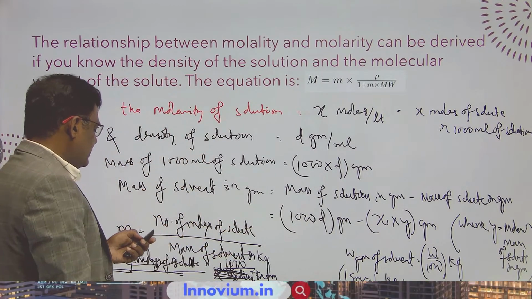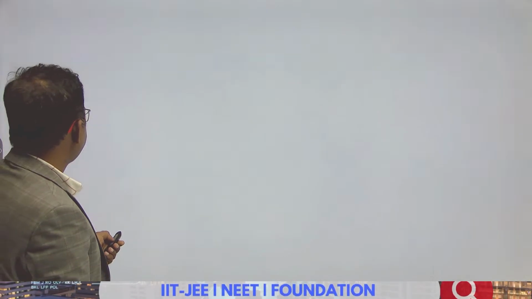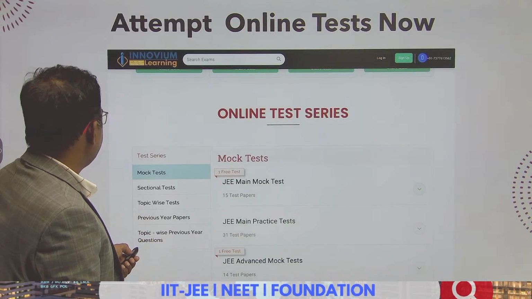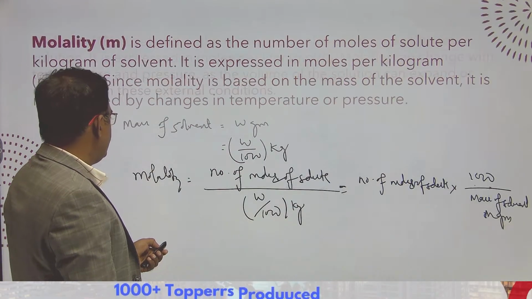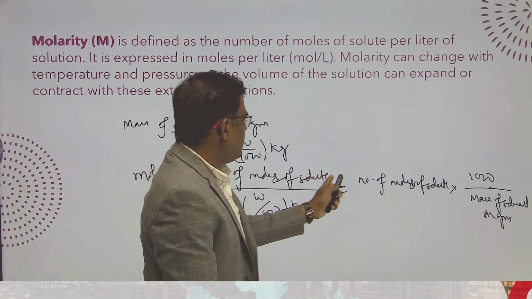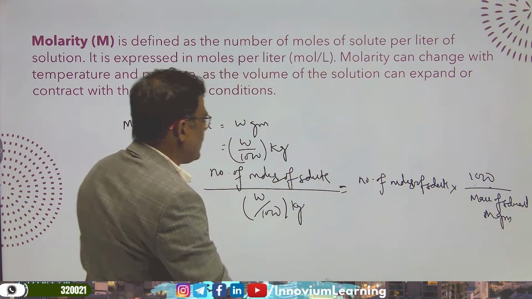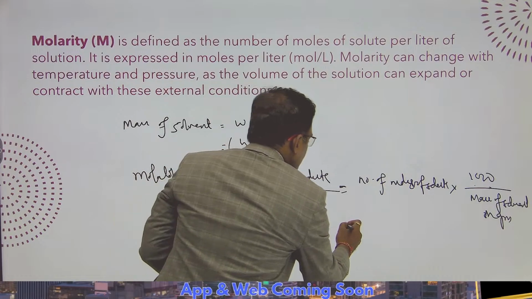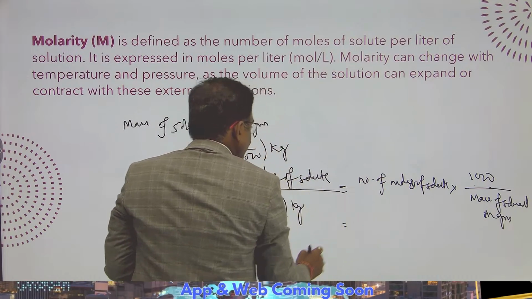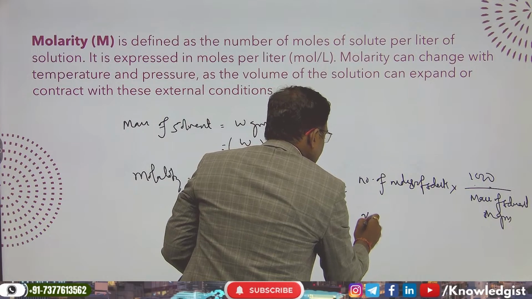Just now we discussed that expression, it is this one: number of moles of solute into 1000 by mass of solvent in gram. Now you see this one. Here we can consider that number of moles of solute is what? x.